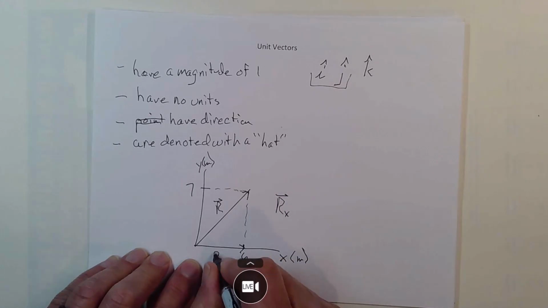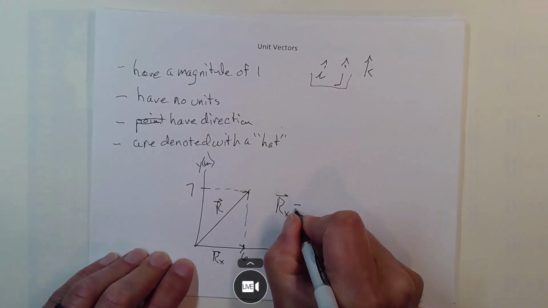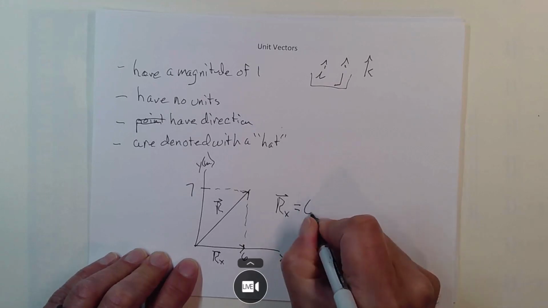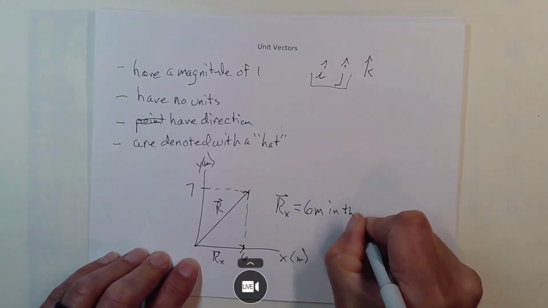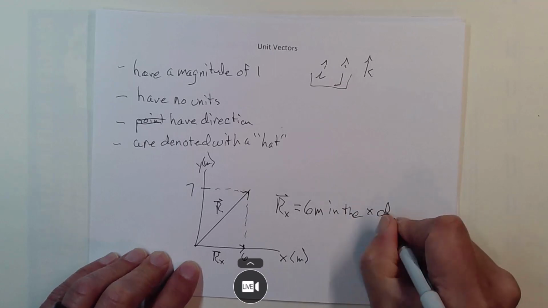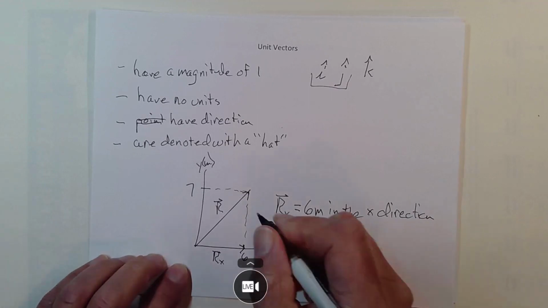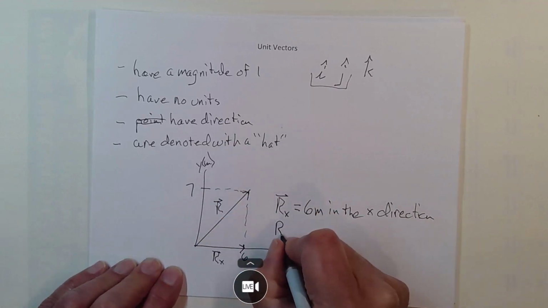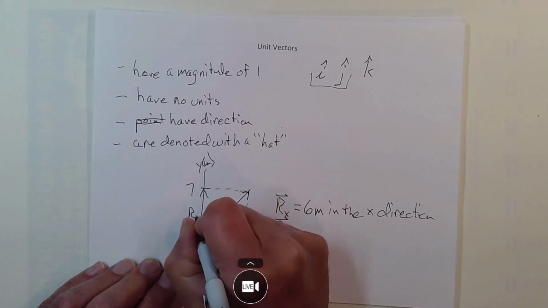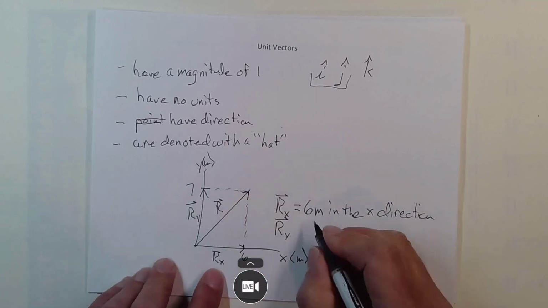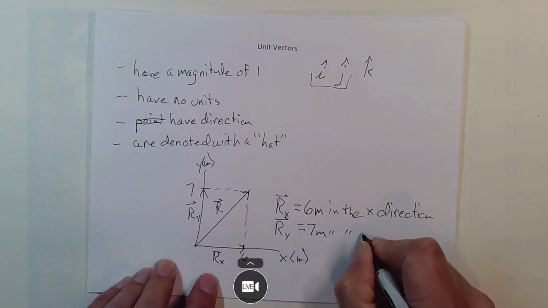We're going to drop this kind of notation pretty quickly, but it's going to equal 6 meters in the x direction. And then r sub y, I can see here, this would be r sub y. That's going to be 7 meters in the y direction.